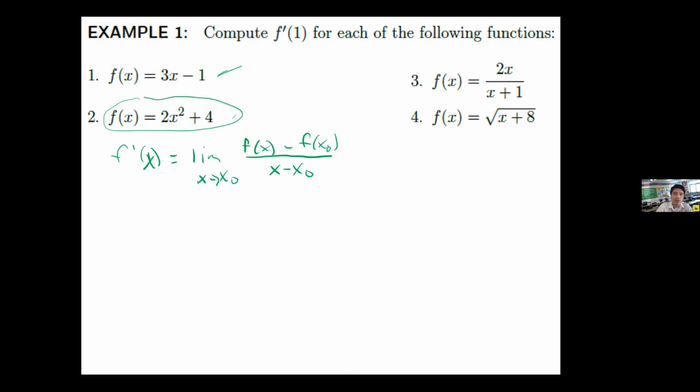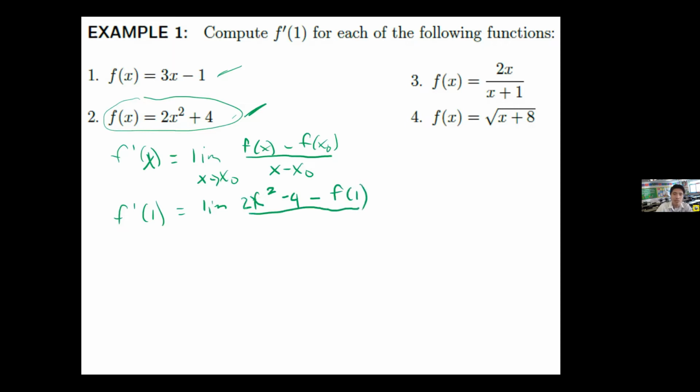Then, solving for f prime of 1, we substitute. Limit of f of x, where f of x is this, so we substitute 2x squared plus 4 minus f of 1.